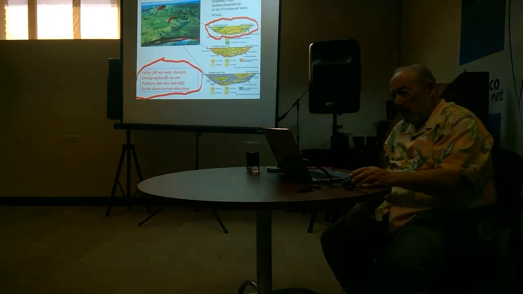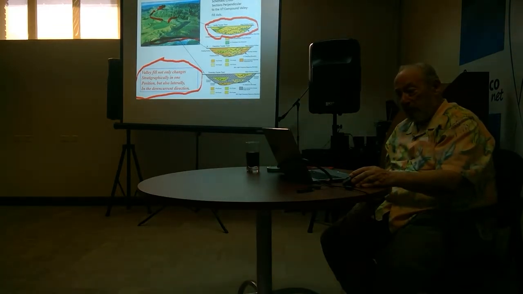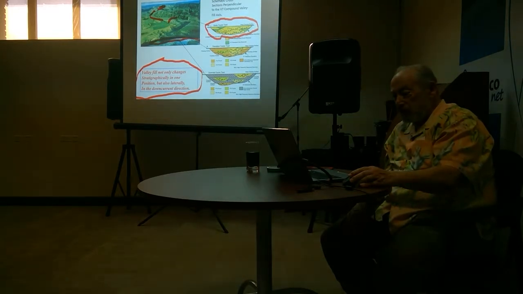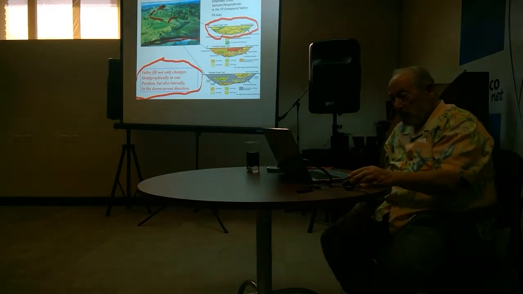As you move down, where you start to get some marine influence, it's still dominantly fluvial deposition, but with some marine reworking during incoming tides, you might get a mixture of fluvial sands and some marine influence.